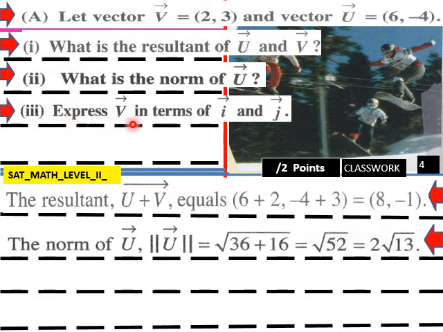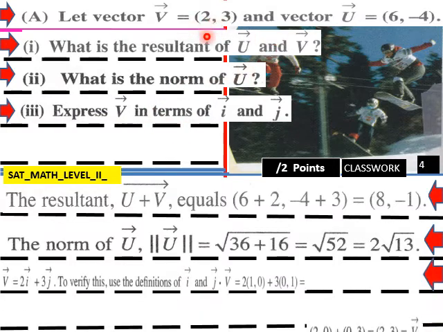3, express vector v in terms of i and j. So this is vector v up here. How do we express that in terms of i and j? Vector v is 2i plus 3j. To verify this, use the definitions of vector i and vector j.